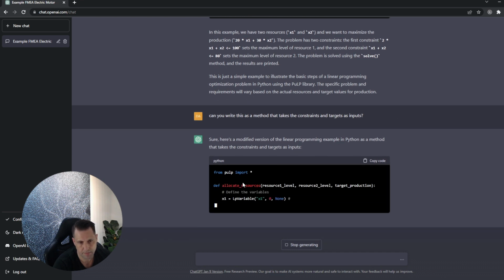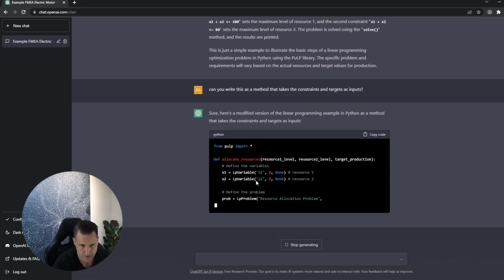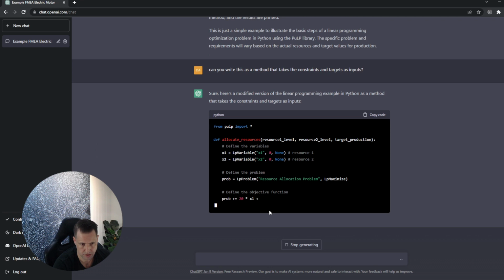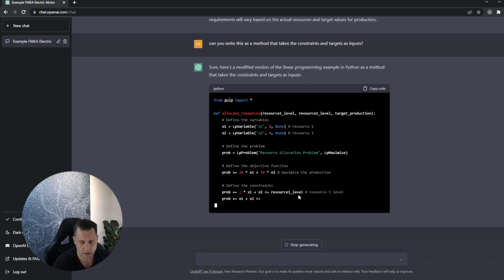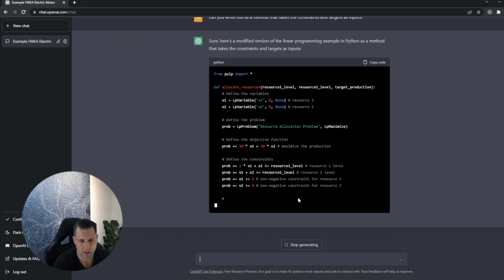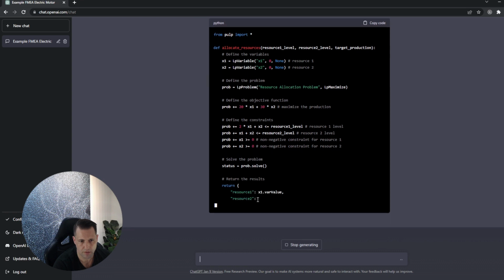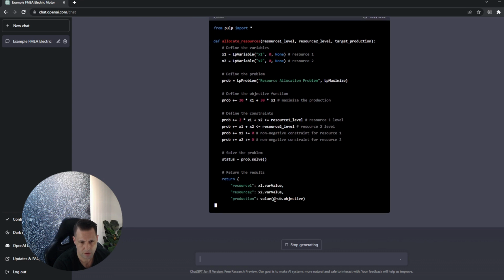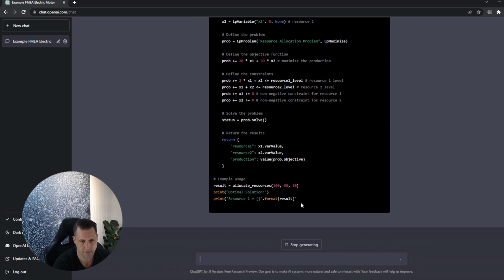It creates a method here that takes the resource levels and the targets in, and then sets up the problem, and returns the production value that it's achieved.